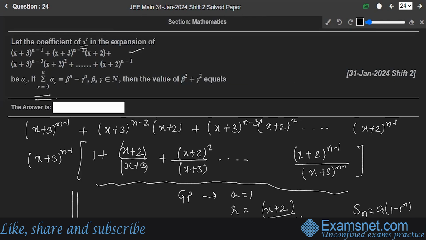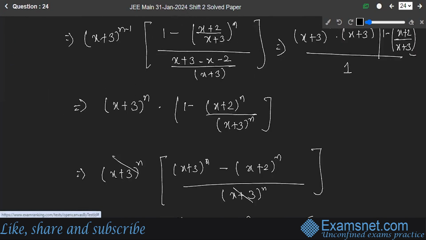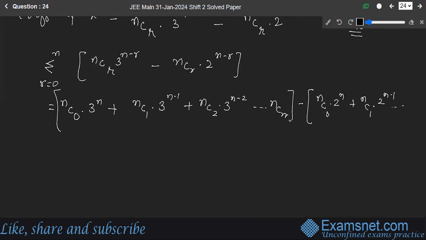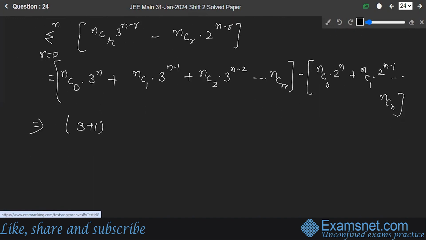And this is nothing but (3+1)^n, and this is (2+1)^n, which is equal to 4^n minus 3^n.